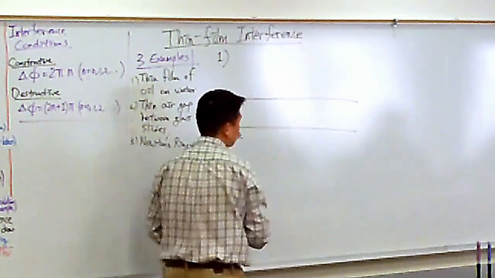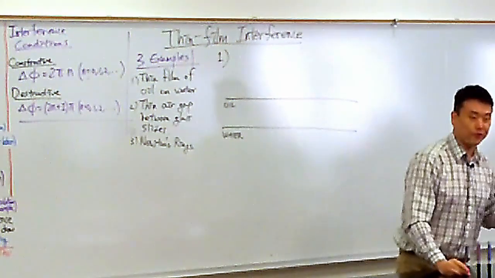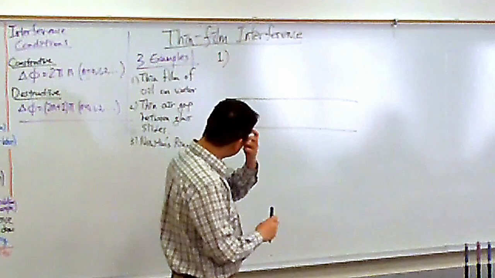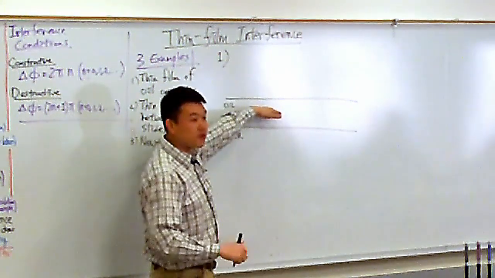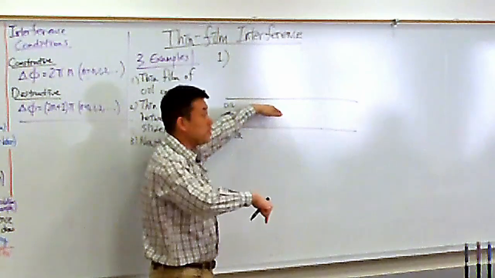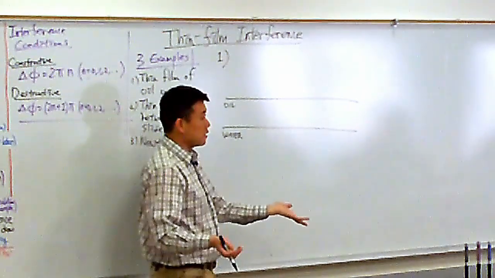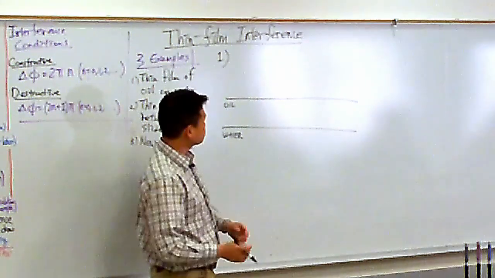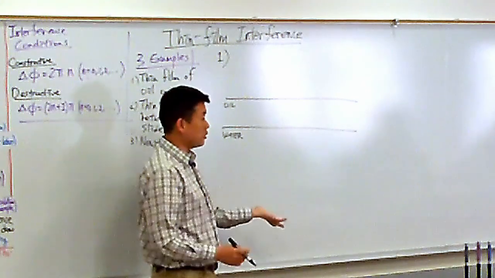And this is the typical way a question might be worded, like on your homework question that I'm going to assign soon. A question might say, you have some oil slick, and as you are looking at it from above, you see that there's constructive interference for a particular wavelength.